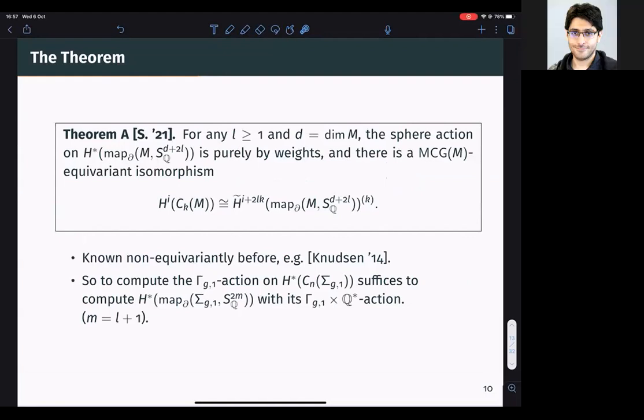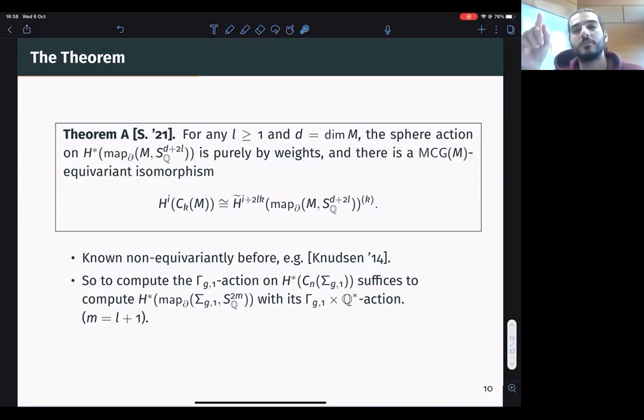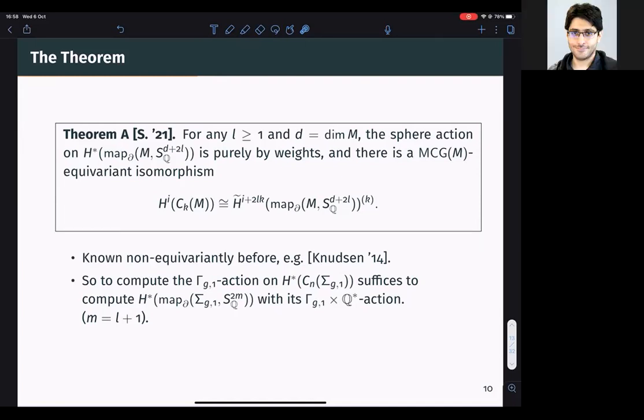Yes, but even if it is parallelizable, the map is not Diff(M) equivariant somehow if you don't take homology. Does it make sense? Okay.